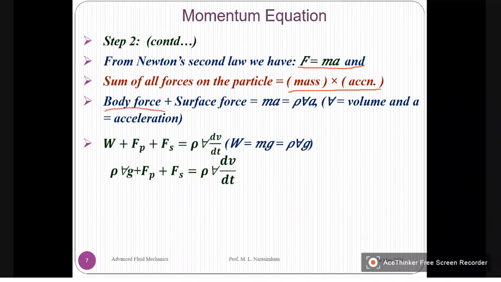The sum of body force plus the sum of surface force must be equal to mass into acceleration. Mass is written as the product of rho and volume, and a is the acceleration.